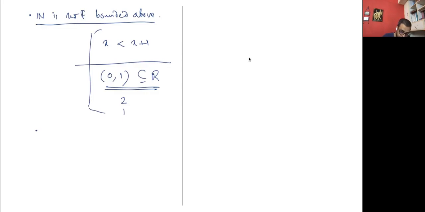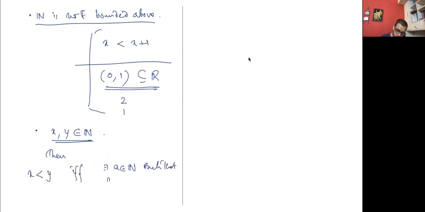Let's say you take two elements in N. Then x is strictly less than y if and only if there is another element from N such that. So this is a property special to this set.